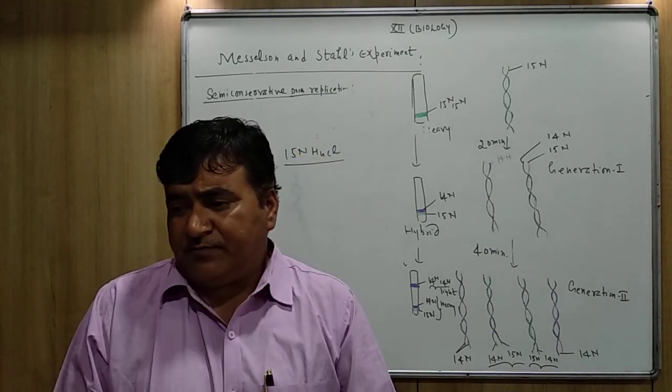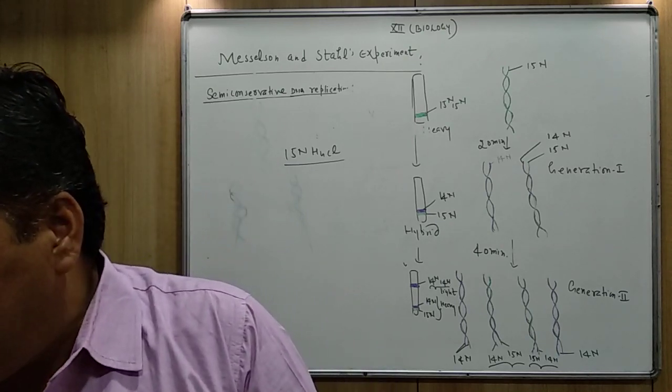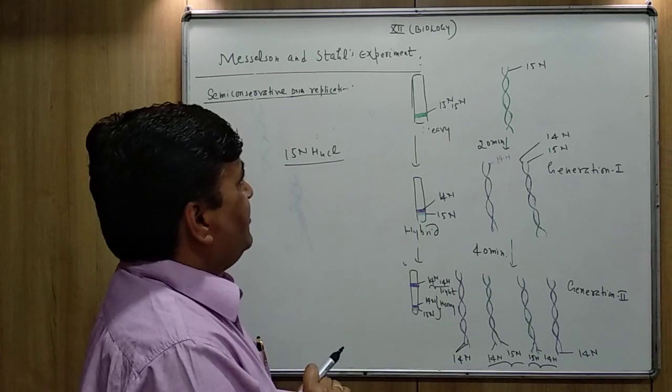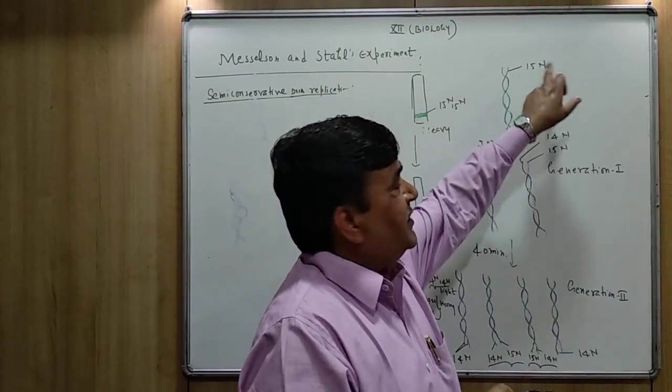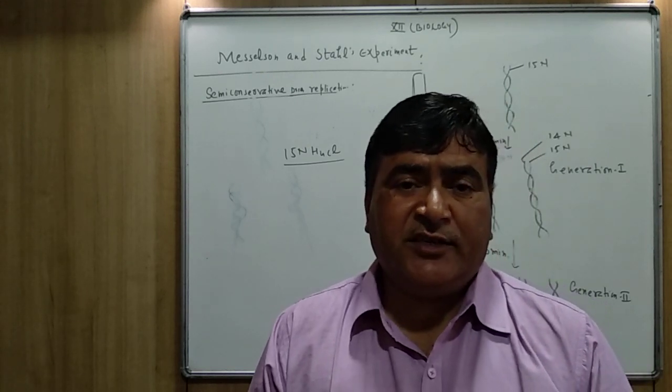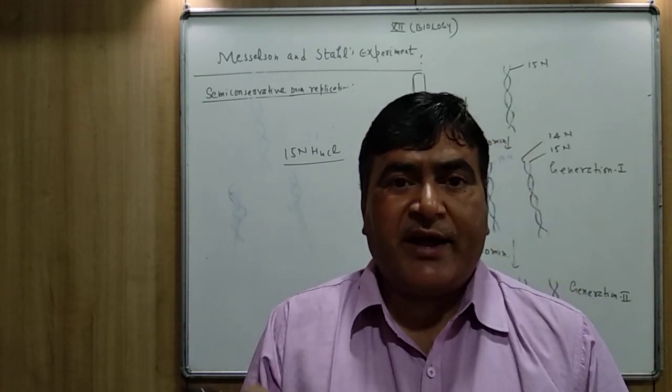They used 15NH4Cl, ammonium chloride. As you know, 15N means the 15 nitrogen. The 15 nitrogen source was ammonium chloride.